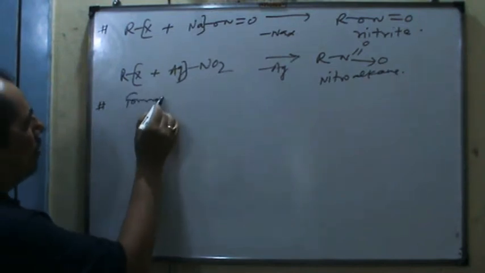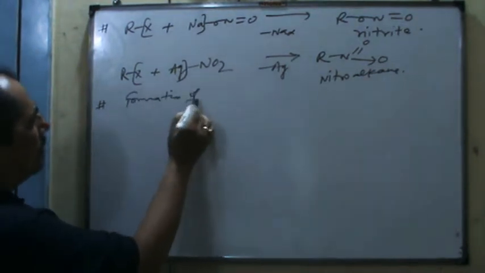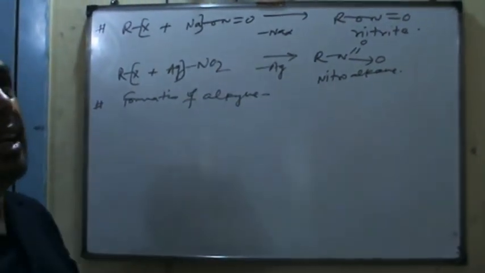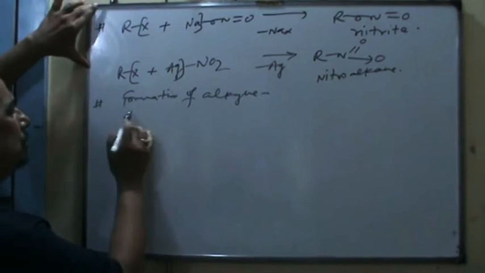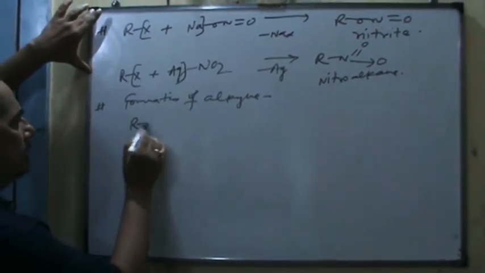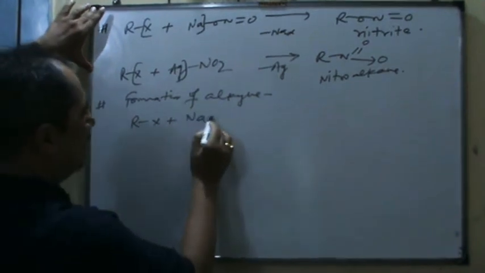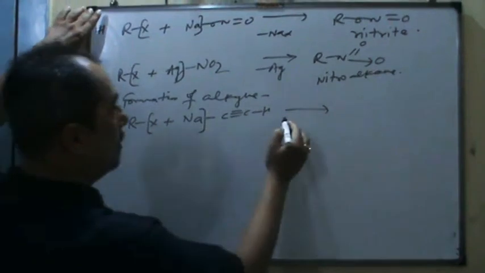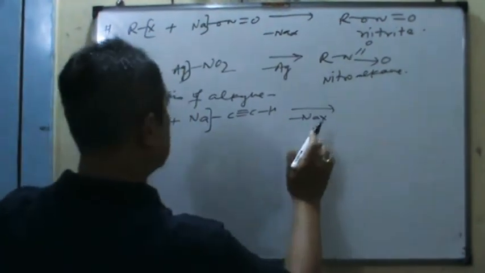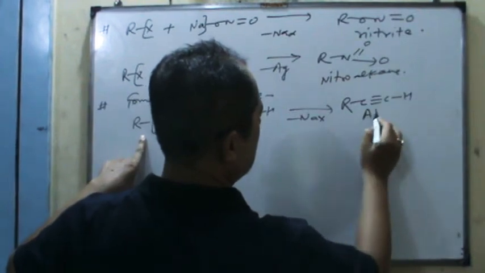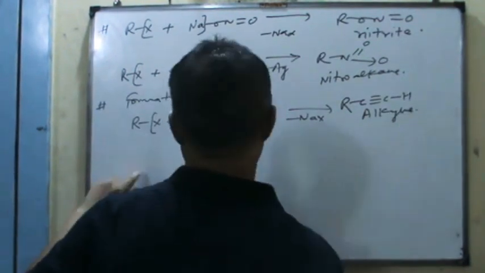Formation of alkyne. How to get the alkyne? As such, you can see RX, sodium acetylide, NaX, RC triple bond H. It is the alkyne.